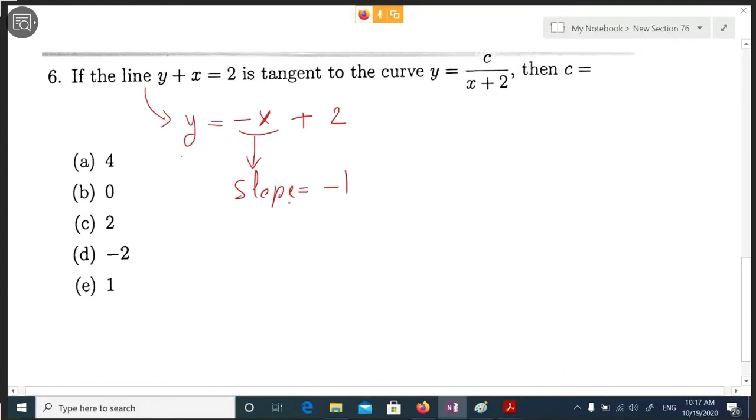Okay, and this is what? This is the tangent, let's say at the point M, A, B, or alpha beta. Let me put alpha beta, like so, if you read the answer you will understand. So the slope is minus 1.